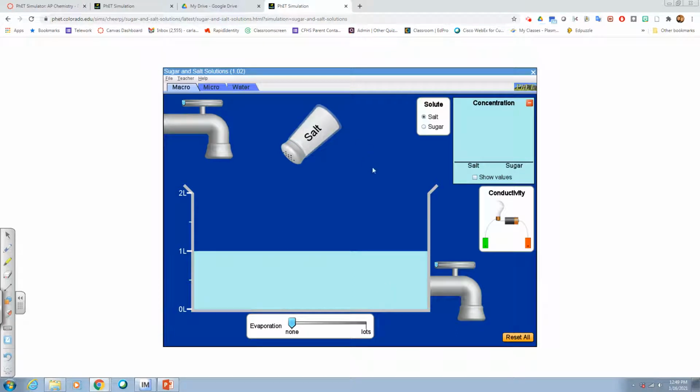Hi, class. So, in our lessons this morning, we were talking about concentrations of solutions, and we're learning in this unit about aqueous systems.